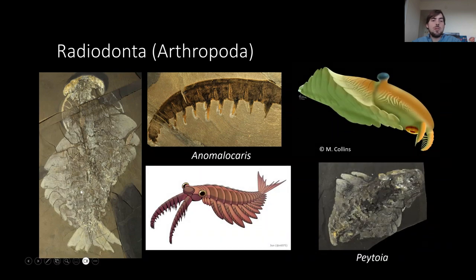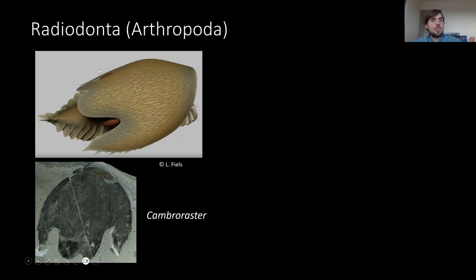Once we solved this puzzle in the 80s, we uncovered two species. One of them is Peytoia, the other one is Anomalocaris, probably again one of the most famous animals of the Cambrian. You can see the frontal appendages here, as well as these flaps here that were used to swim and the tail fan. But Radiodonts have also increased their diversity in the last years.